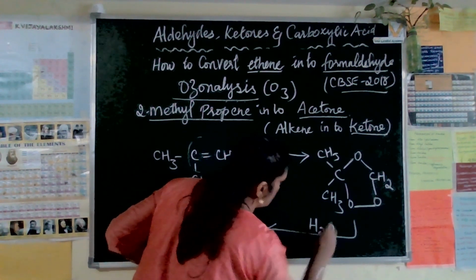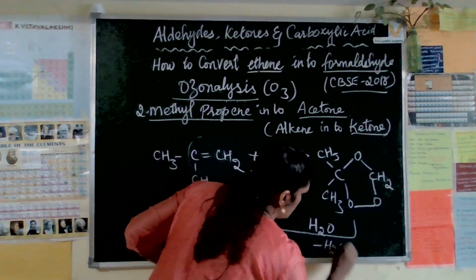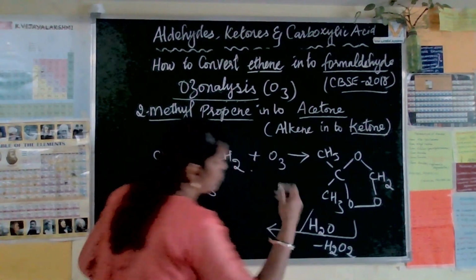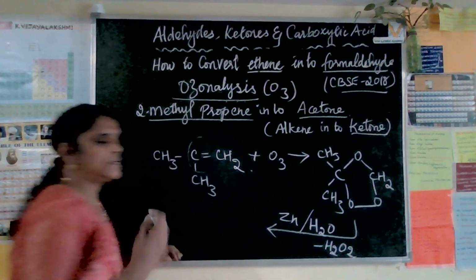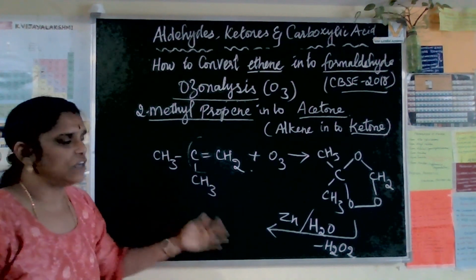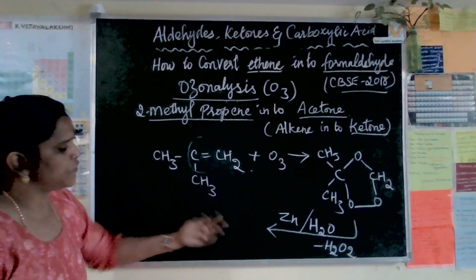Hydrolysis, H2O, so here also H2O2. It releases hydrogen peroxide. You know very well for what purpose we are using zinc: to avoid further oxidation, which would give carboxylic acid.